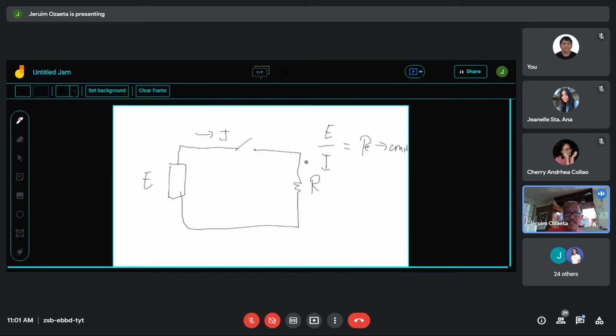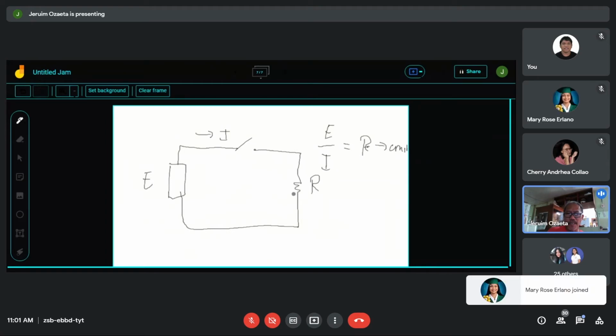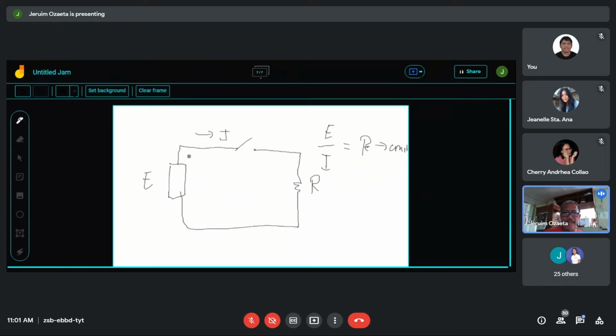It is a kind of parameter that limits the flow of current that will determine how much charge will flow through the circuit. Okay, so Ohm's law is being stated by this.